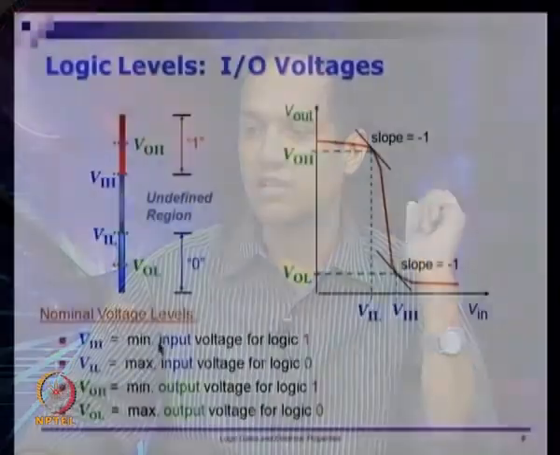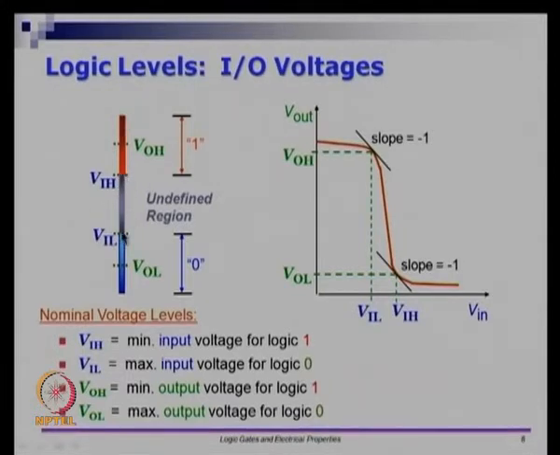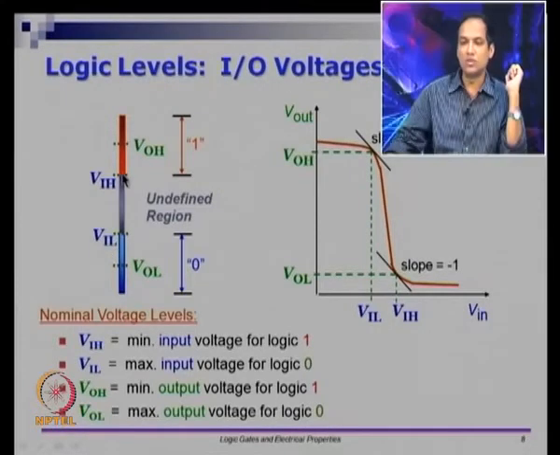Similarly, if I have a NAND gate, I want to see, if I give 0 0 as input, what is a safe level at which I can give 0 0, beyond which I may start thinking about it as a 0 1 or 1 0 or 1 1 combination. So these are the 4 voltage levels that I want to define. Typically, an input below VIL is considered 0, and above VIH is considered 1.